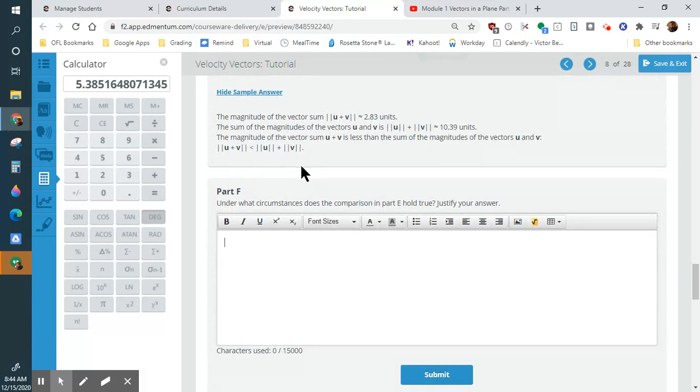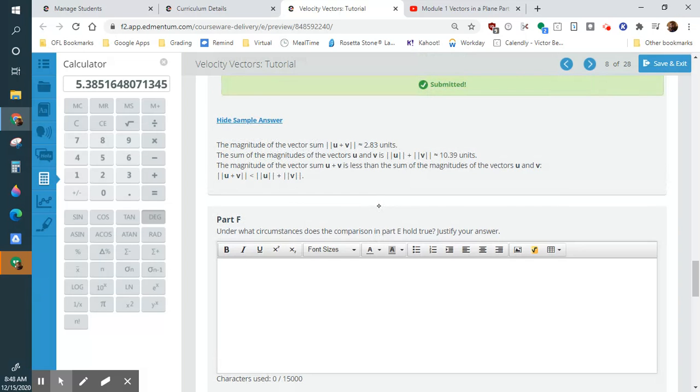Under what circumstances does the comparison hold true? Give me a second. I kind of understood what it means. When is it that our vector sum will be this? So what it wants you to say is, let's say we have a vector going this way and a vector going this way.